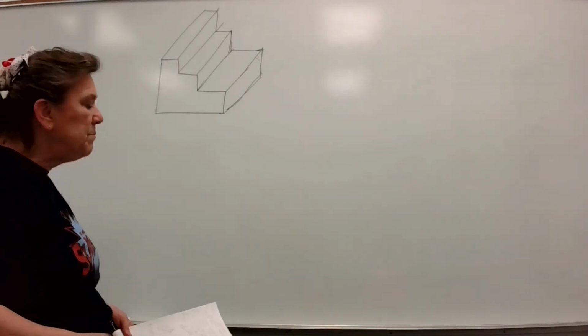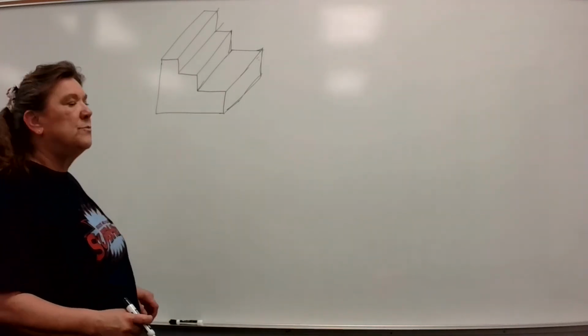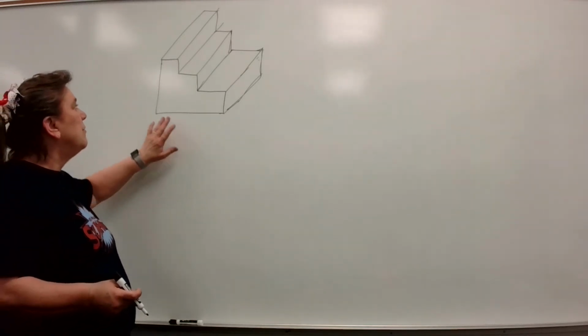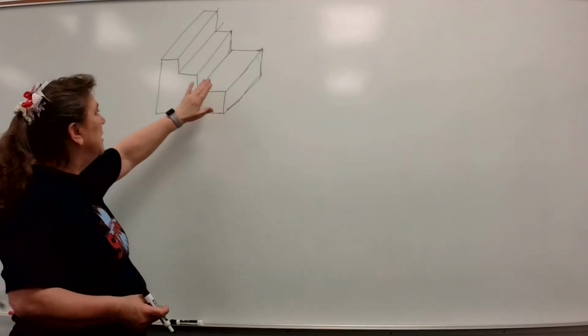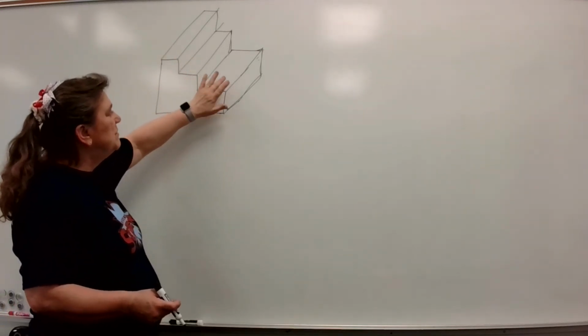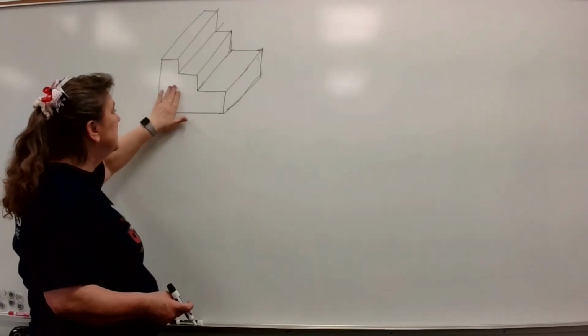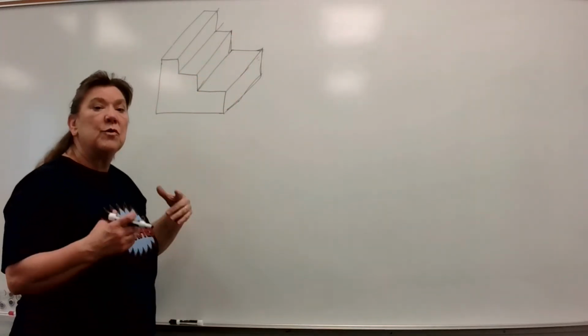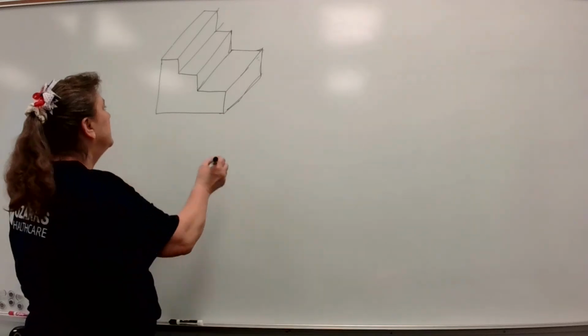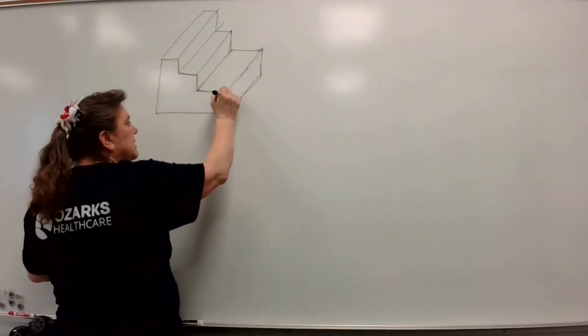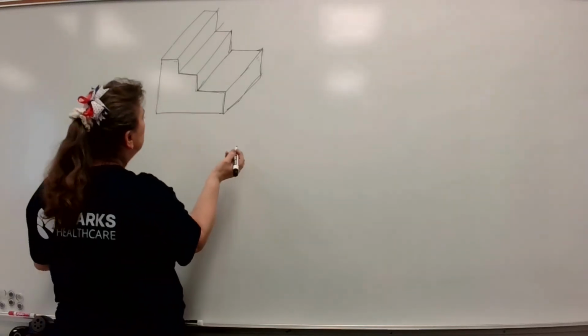So you have a shape, and what we've got kind of looks like a stair, right? But we want to know, what is the surface area of this thing? So you have every one of these shapes here, plus the bottom, plus the side, plus this, plus that. So let's start with the lateral. So the lateral would be to get the perimeter around this front shape. So let's just put some numbers on.